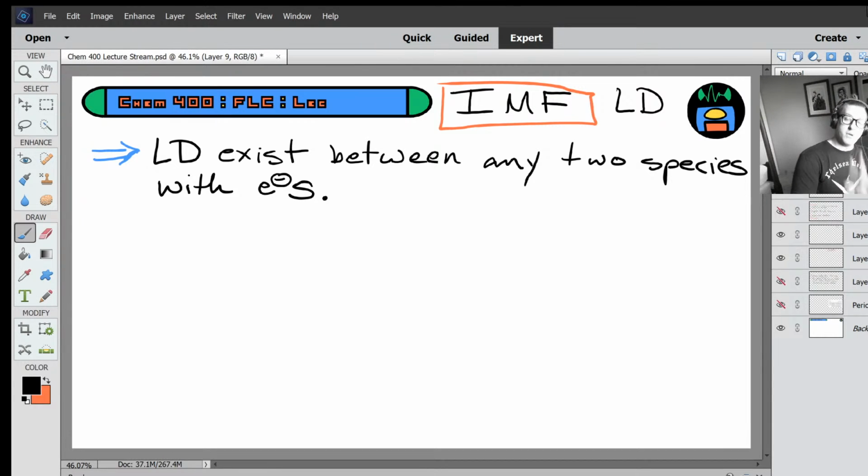All right. If your molecule has electrons, it will experience London dispersion forces.